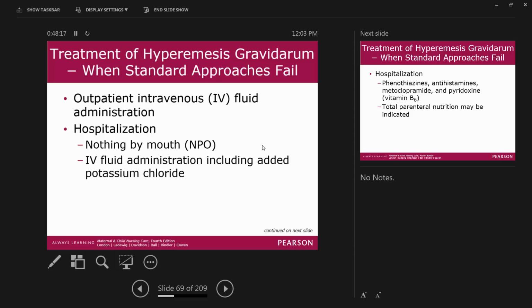Their maintenance IV bags have Phenergan in them, and then they give a piggyback of Zofran every 6 hours or something like that. They can give Reglan, but sometimes it's just so ineffective, even the IV fluids with the Phenergan in them.